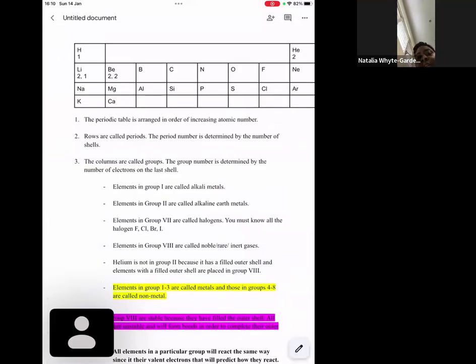So we put the electrons on the shells, and the first shell is filled. We must fill the first shell before we get to the second shell. So lithium is going to have 2 electrons on the first shell, 1 electron on the second shell. Beryllium has 2 electrons on the first shell, 2 on its second shell.